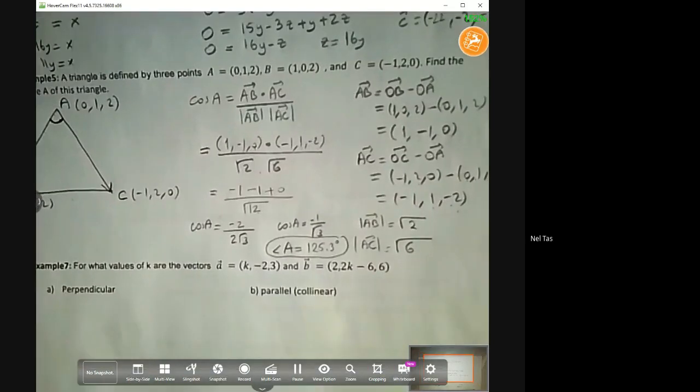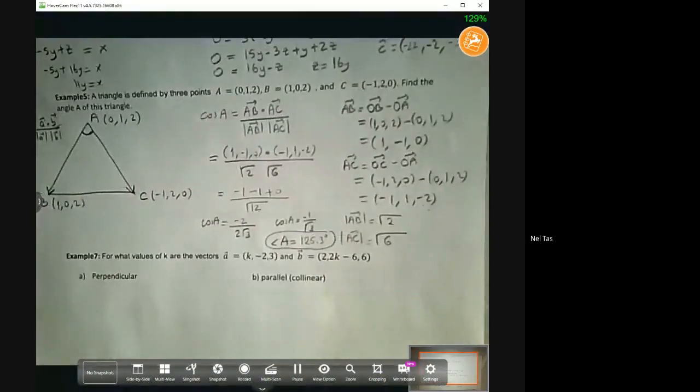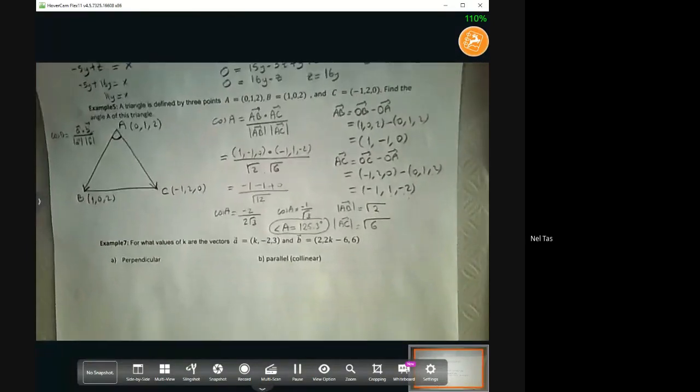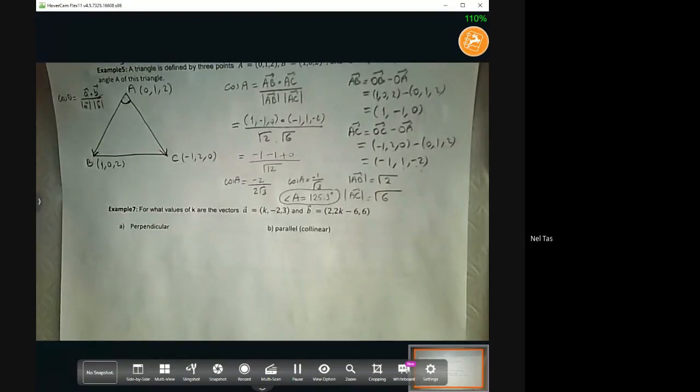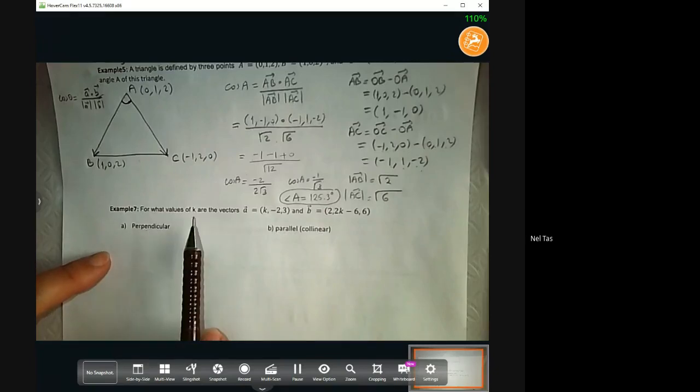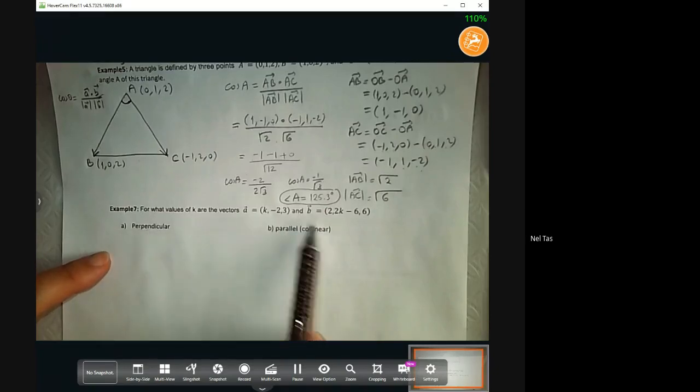So using the dot product for finding angles between vectors is the easiest way. Okay, so let's look at example 7. For what values of k are vectors a and b perpendicular, and for what values of k are they parallel or collinear?